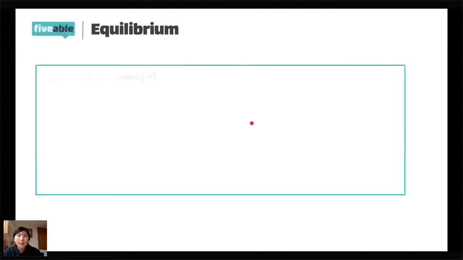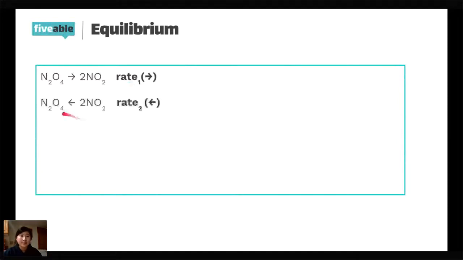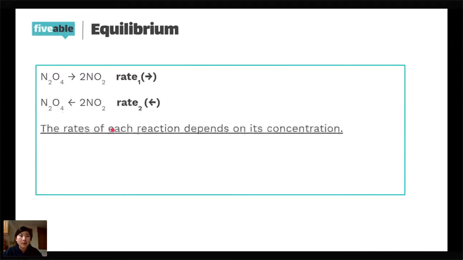I'm going to go over the rate again. This is rate number 1, which is for reaction number 1, and this is rate number 2, which is for the second reaction of the reversible reaction. The rates of each reaction depend on its concentration.